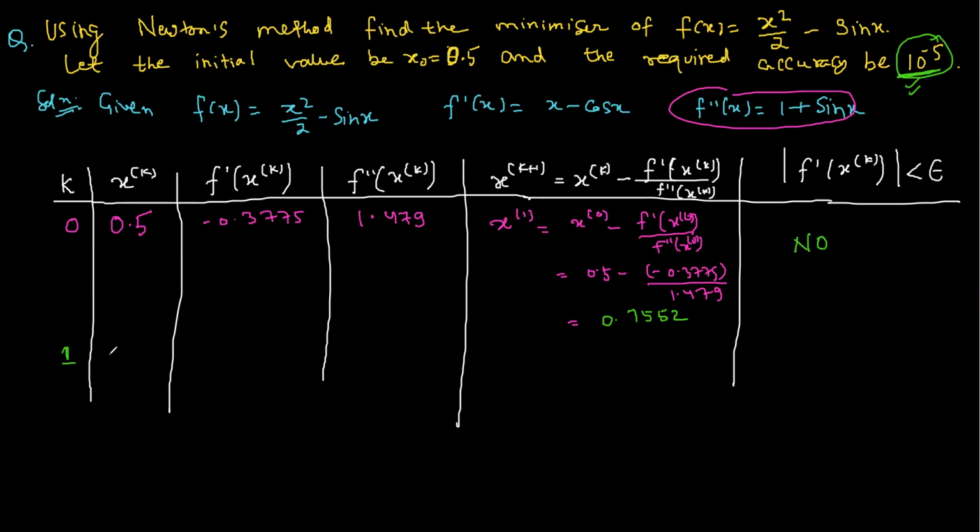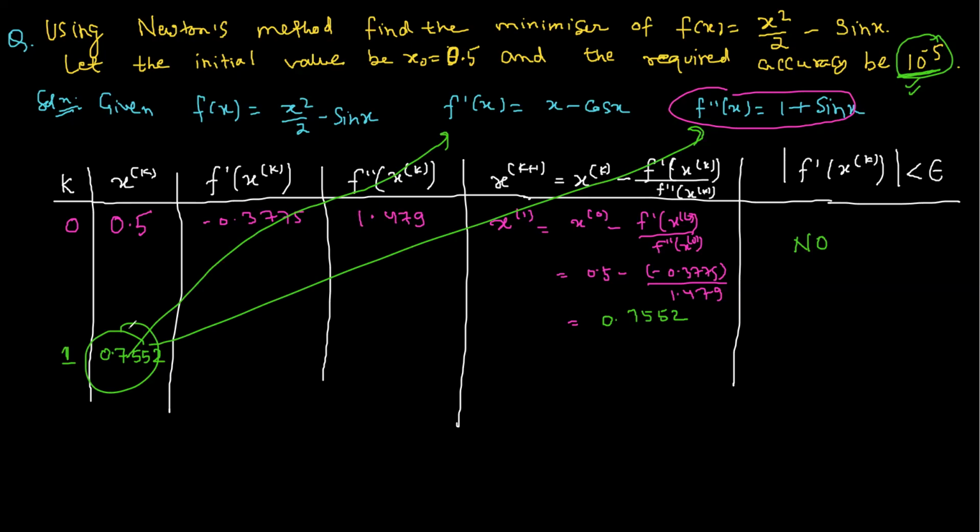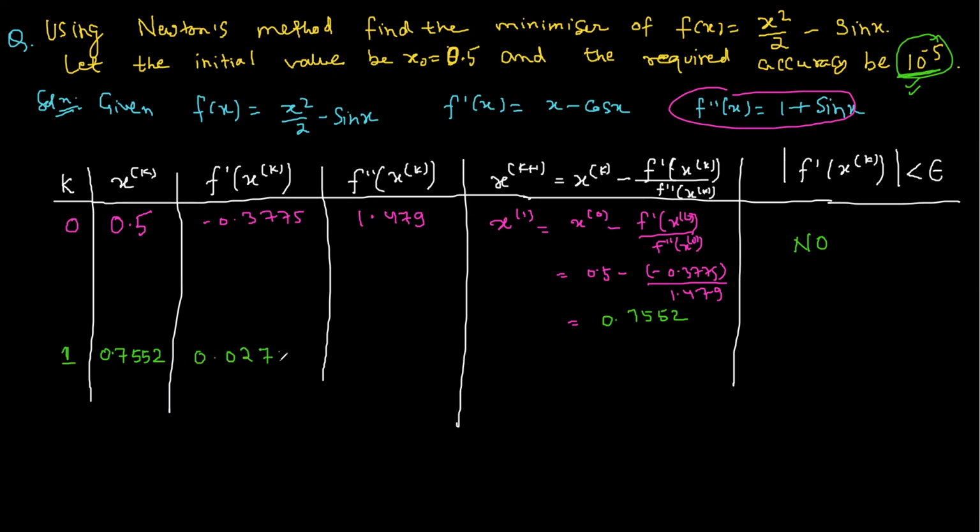Next iteration is what? 0.7552, right? Now put this value here and here. Understood? So when you put it in the first derivative, you will get 0.0271. Check. And 1.685. Check both values. So always give it in this form in the exam, okay?